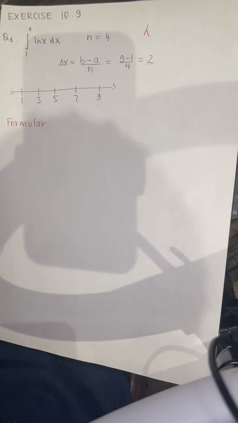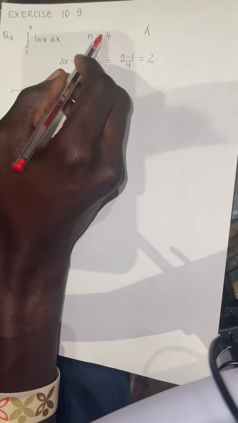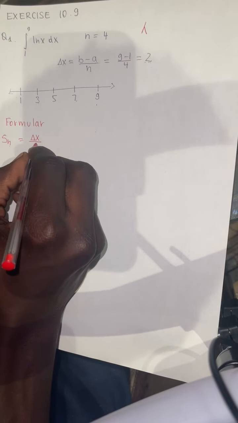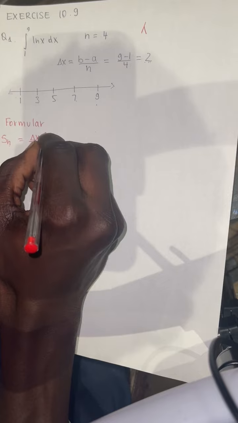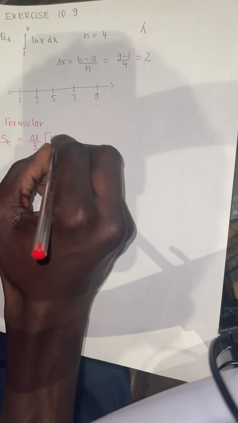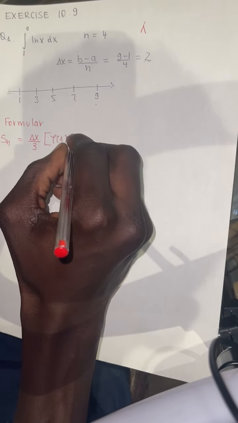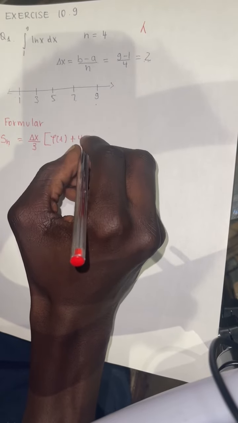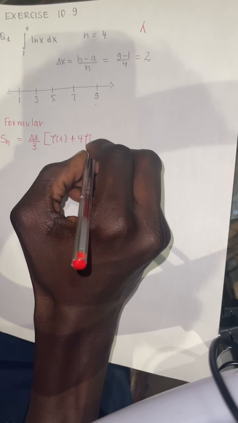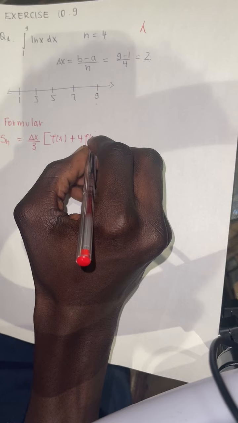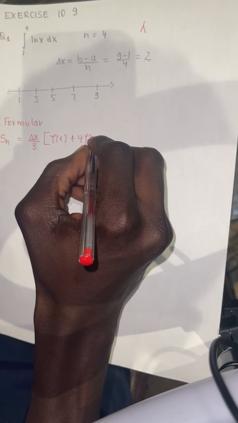The formula is Sn, which is Simpson, where n is where you stop. We have the thickness, which is delta x, divided by 3, and then we have f1 plus 4f3.